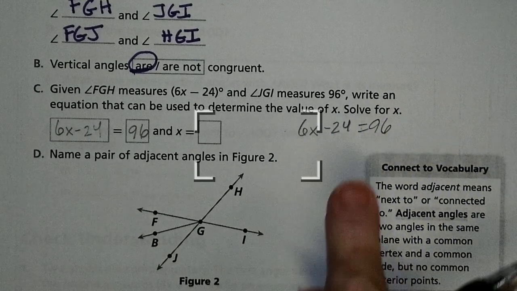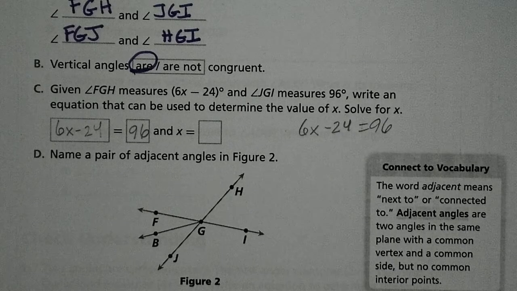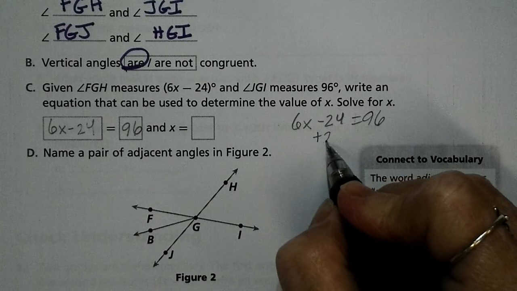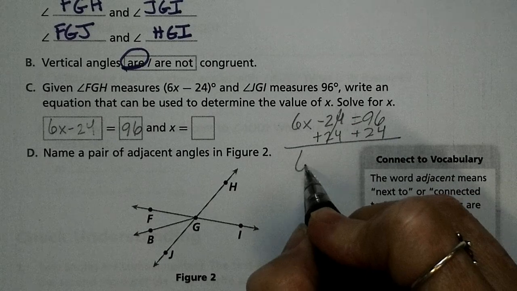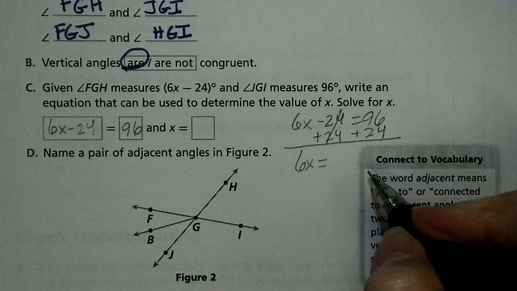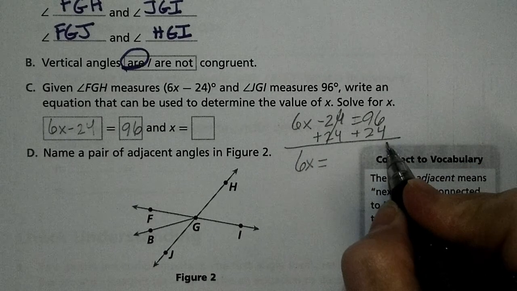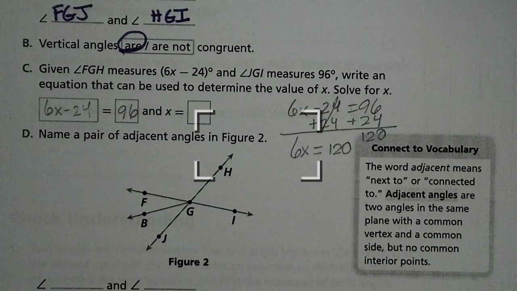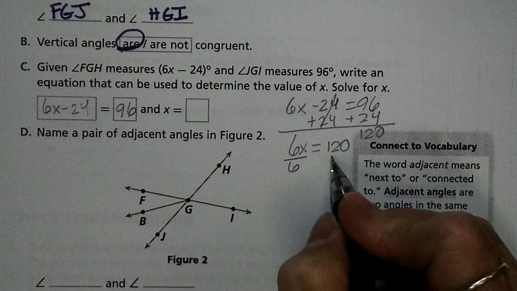All right, so I have a negative 24. What do I need to do to get rid of it? Add 24. So that leaves me with 6x equals what? 120. Yep. Now what do I need to do? Divide by 6.